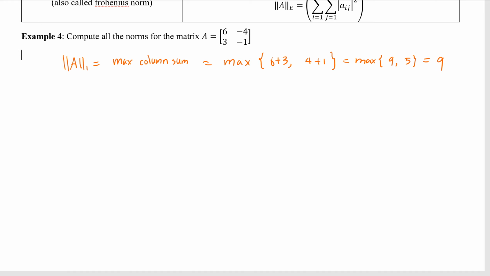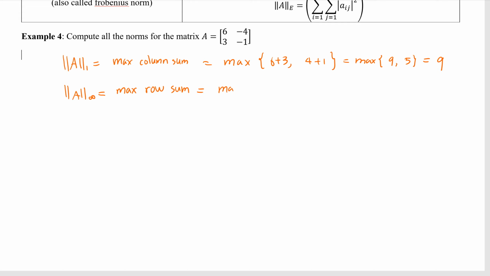Let's calculate the L1 norm, then the L infinity norm, then the Euclidean norm. Last, we find the L2 norm, because the L2 norm is the hardest one. L infinity norm is the maximum row sum.